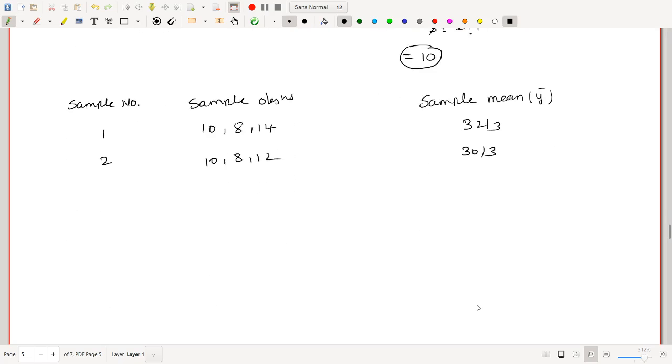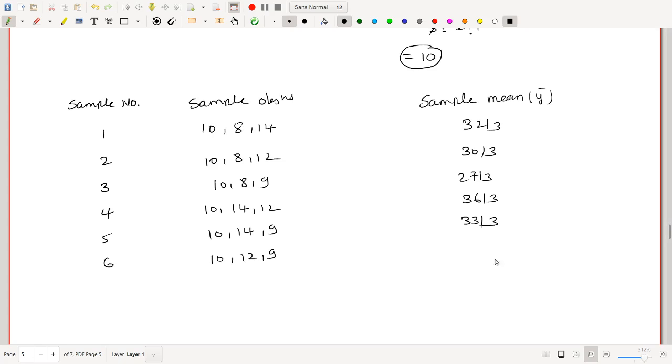Like this, third possible sample will be 10, 8, 9, and its mean is 27 divided by 3. Fourth possible sample is 10, 14, 12 and its mean will be 36 divided by 3. Fifth is 10, 14, 9 and its mean is 33 divided by 3. Sixth is 10, 12, 9 and its mean is 31 divided by 3.